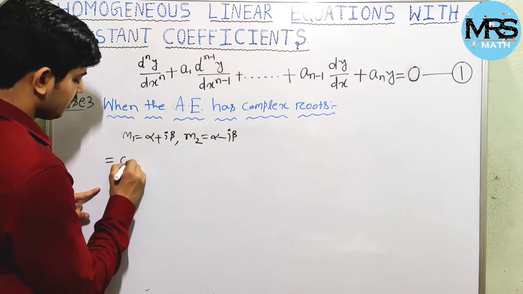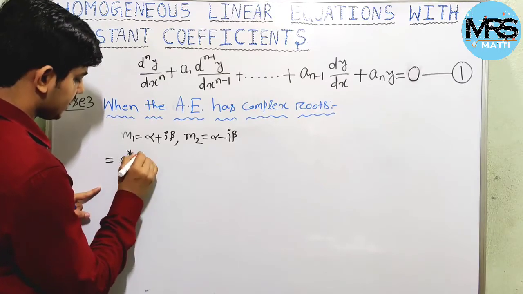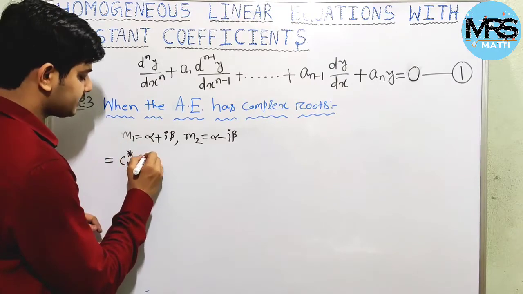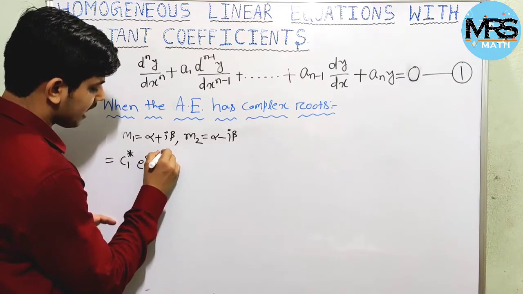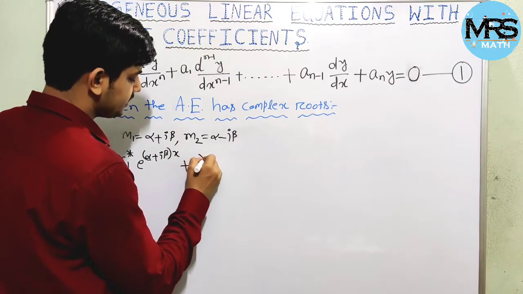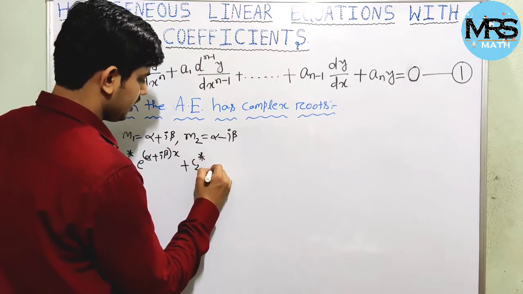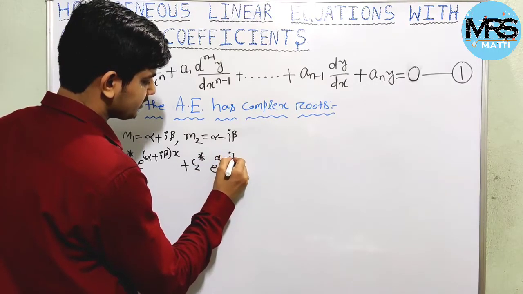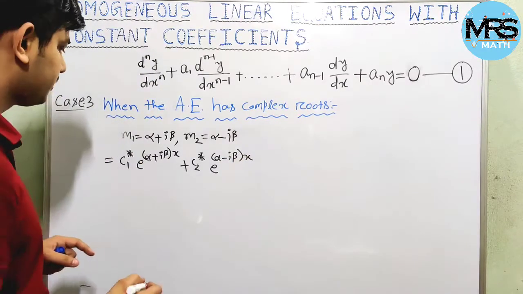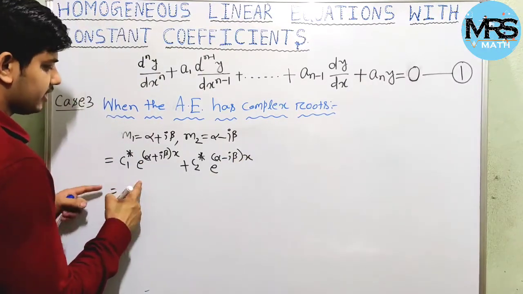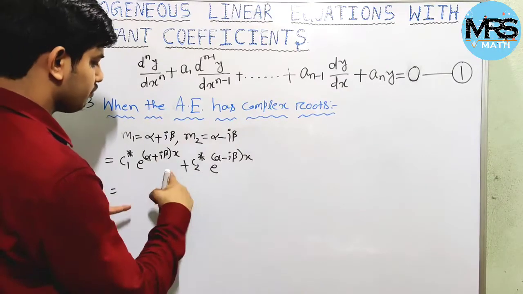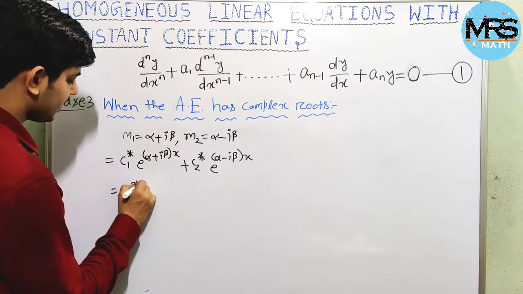Let us take C1 star into e to the power m1x, that is alpha plus i beta into x, plus C2 star e to the power alpha minus i beta into x, correct? Now if we take e to the power alpha x common from both the terms, what will we get?